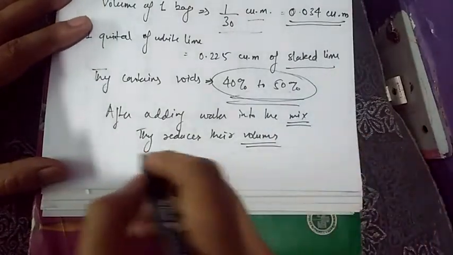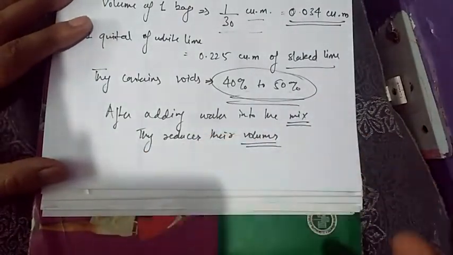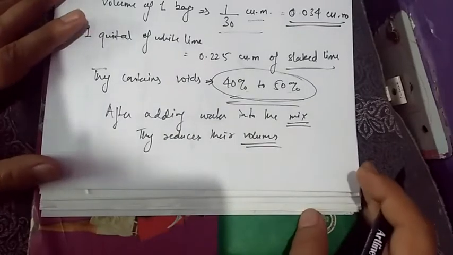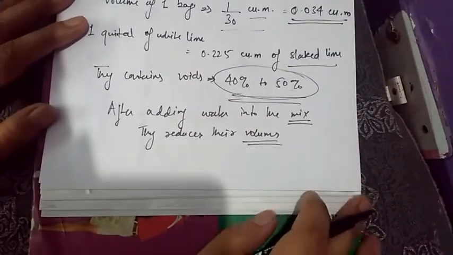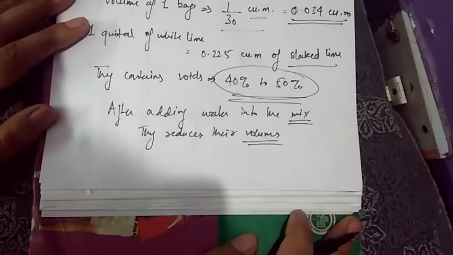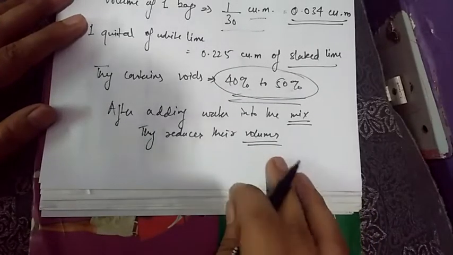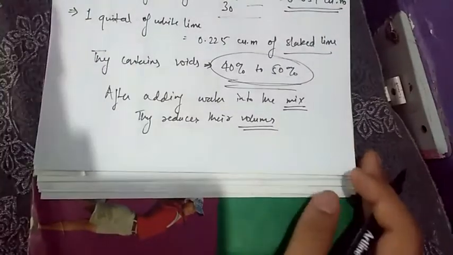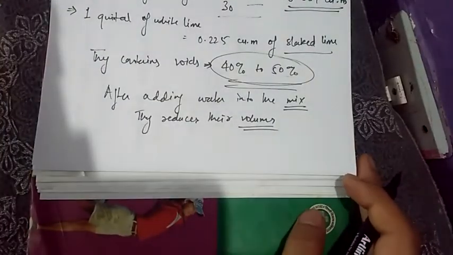That's why we have to add extra material to the mixture, like lime and cement and surkhi, etc. So we have to add extra material according to that calculation.